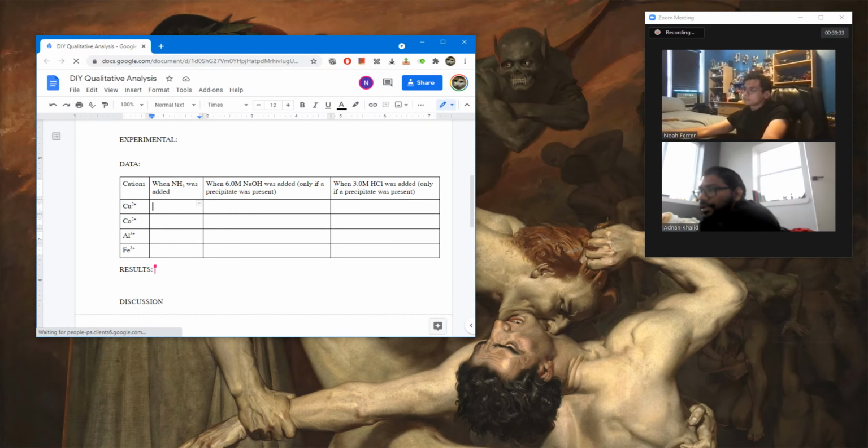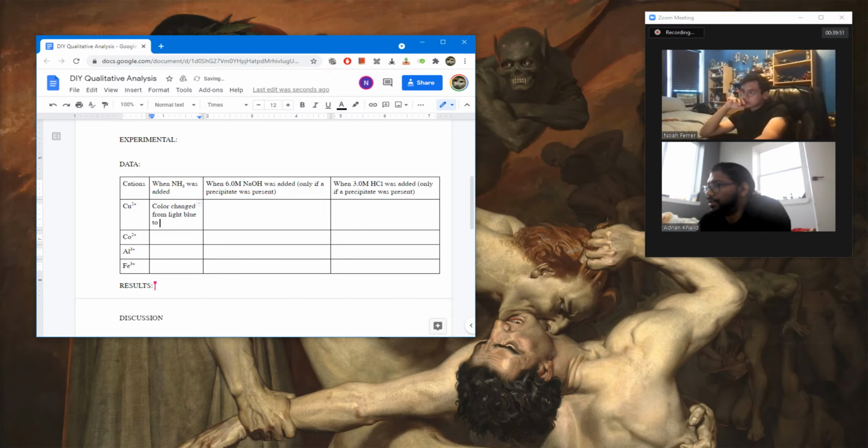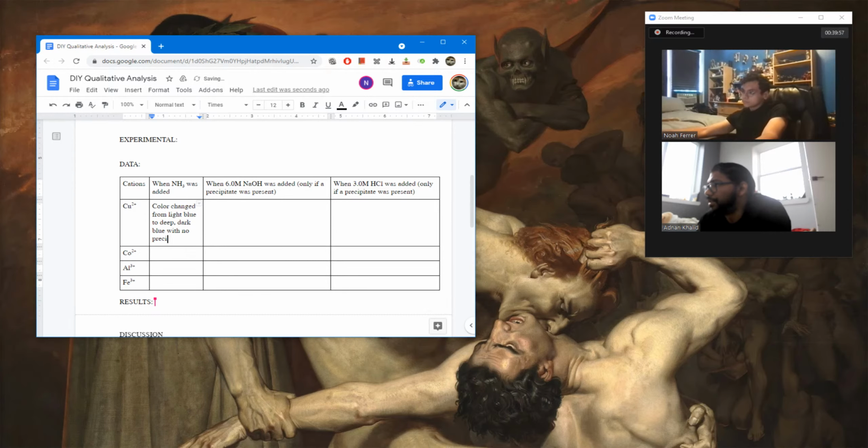Okay, so when ammonia was added, we can say for copper, the color changed from light blue to deep dark blue with no precipitate.